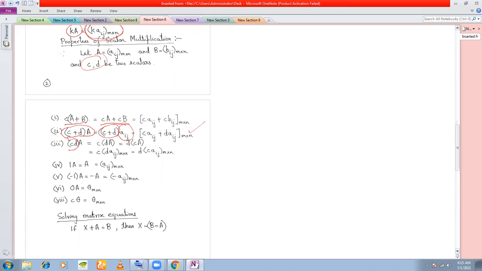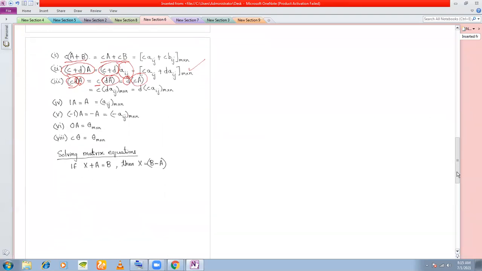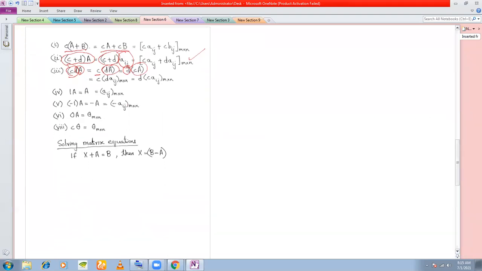CD, the product of these two scalars, multiplied by a matrix A is the same as multiplying C with the product of D and A, or the same as multiplying D with the product of C and A. Also, 1 into A is equal to A, which is also a property.